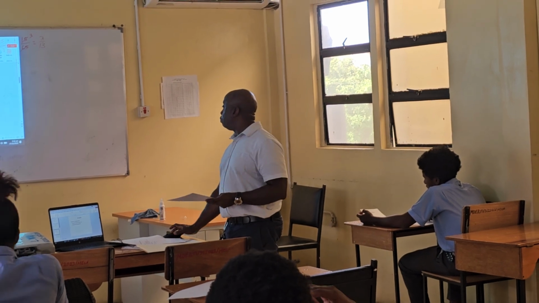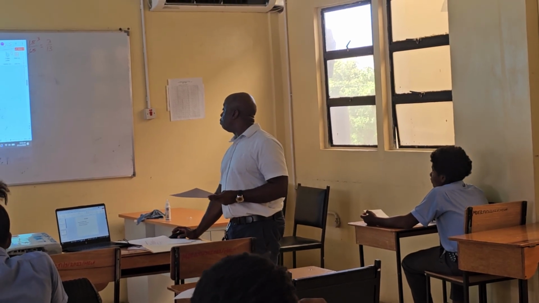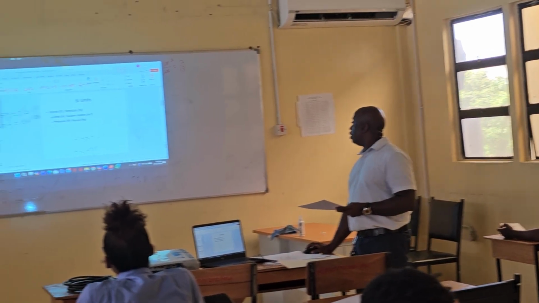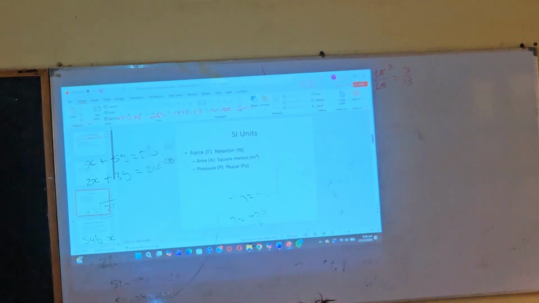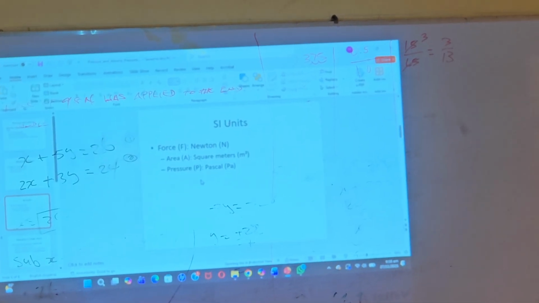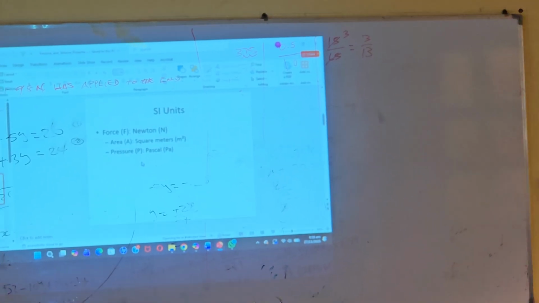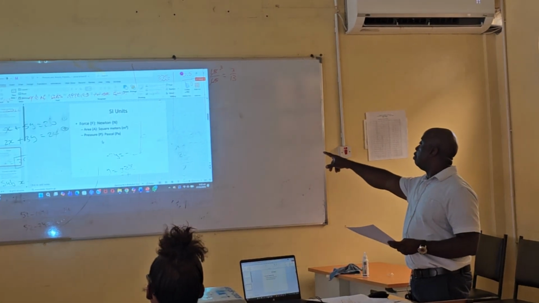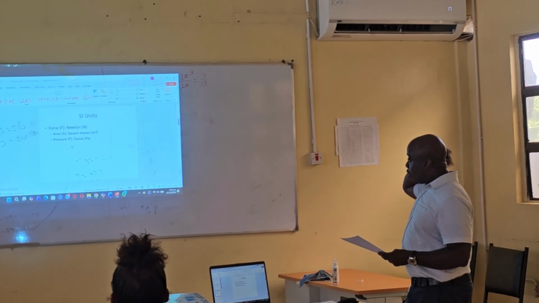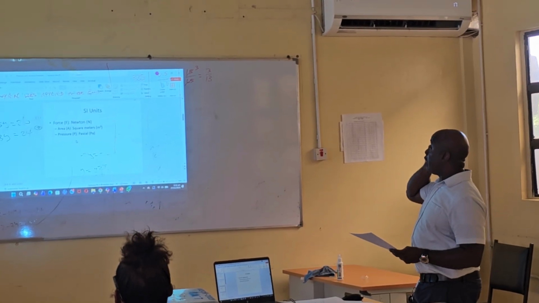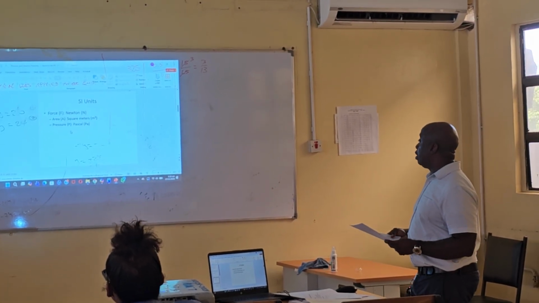Now, what is the unit for pressure? They say pressure is measured in Pascal. But take note that force is measured in newtons, and area is measured in square meters.